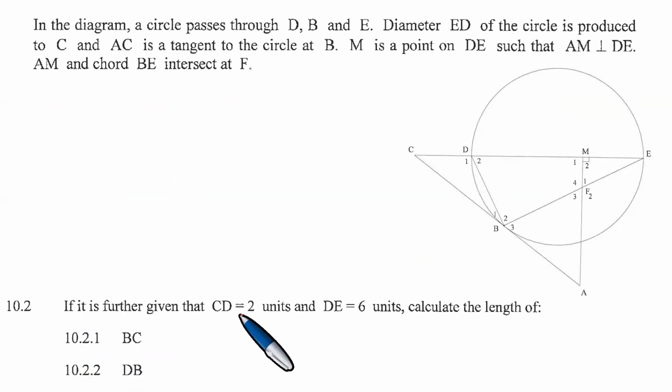Obviously it is further given that CD is this, but you already know BC is 4, you already know that CD is actually 2, and you already know that DE, this one here, DE is 6. So we want to calculate the length of DB.